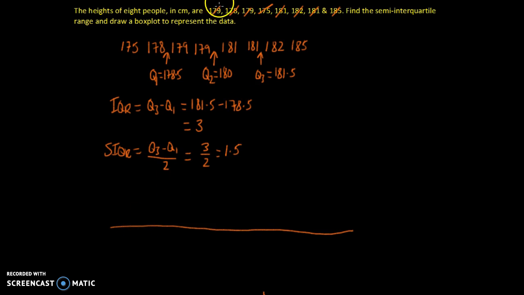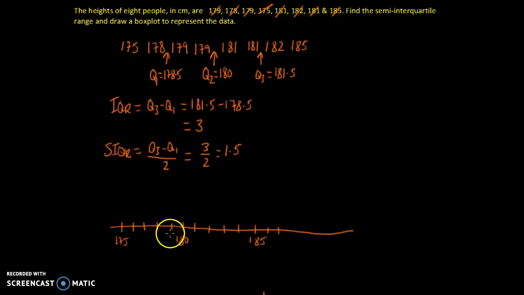So my data goes from 175 as the lowest up to 185. So let me just start at 175, 6, 7, 8, 9, 180, 1, 2, 3, 4, 5, 185, and we could go on, etc.